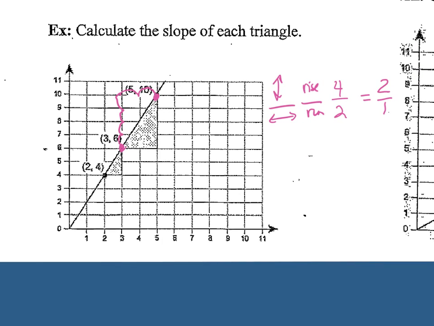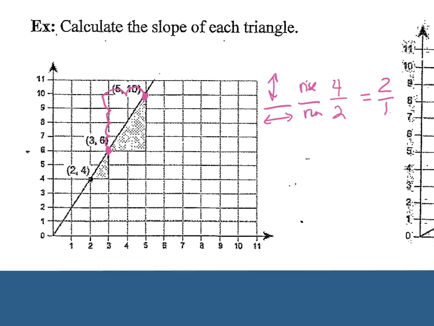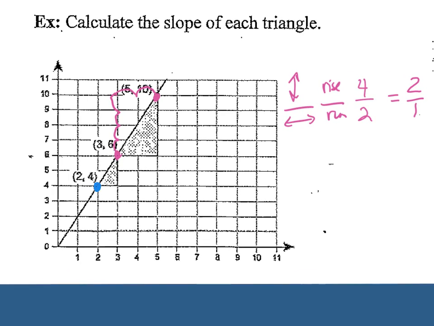So just to check, make sure that they do have the same slope, that we're right. I'm going to look at my smaller triangle. So my two points on the smaller triangle is what I want to look at and see what my rise is. So I rise up 2 and I run over 1. So they have the same slope, so we're good. They should have the same slope.